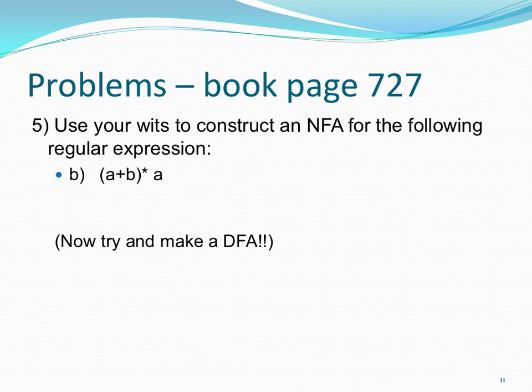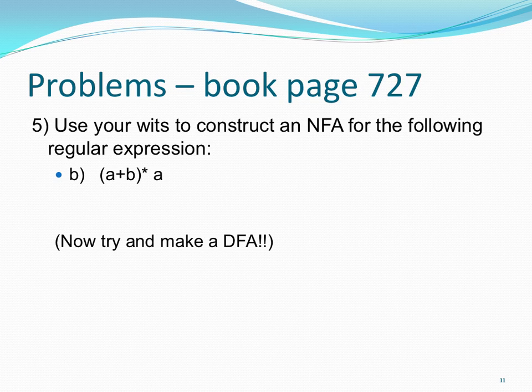So, a problem from the book. Use your wits to construct an NFA for the following expression. I think we did this, right? But let's do it very quickly. So we can have as many A's or B's as we want to start out with, but we don't accept yet.